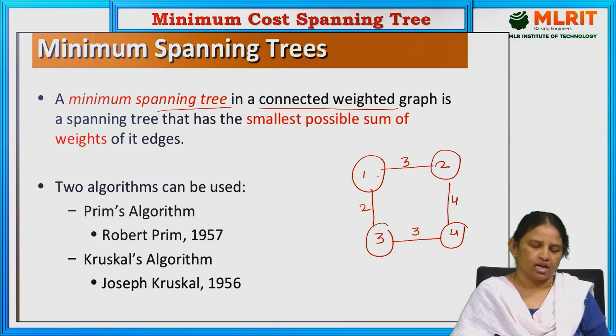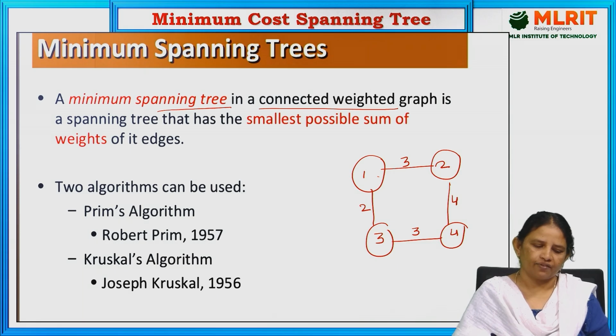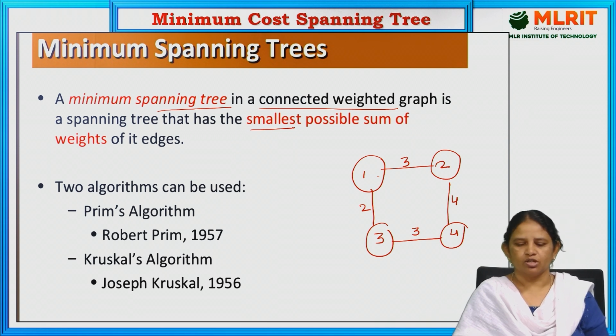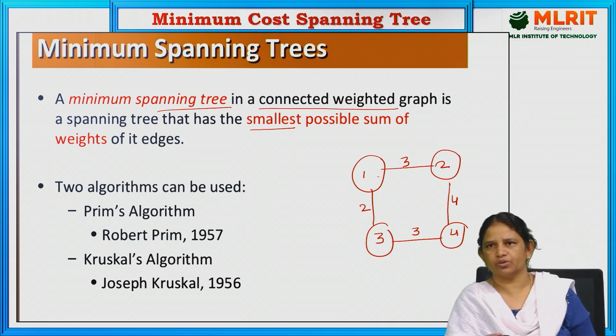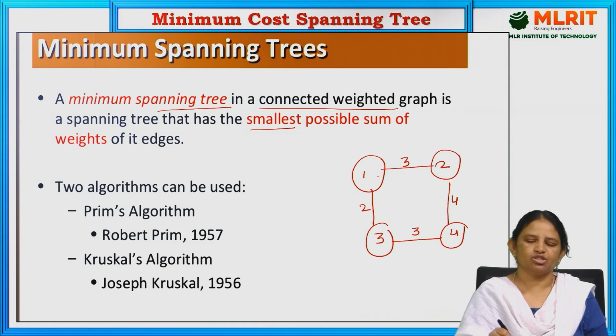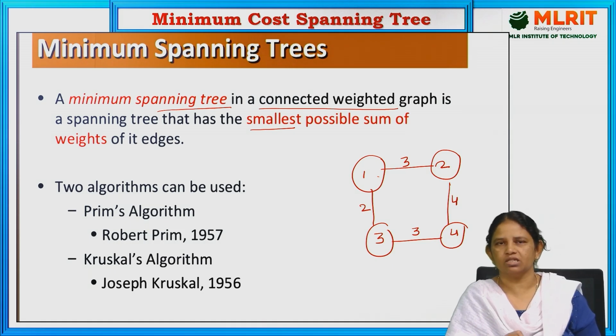So a spanning tree is from a connected weighted graph, and the sum of the edge weights should be small, it is a minimum. So whatever edges we are going to select or choose, that should be minimum, then it is called a minimum cost spanning tree.